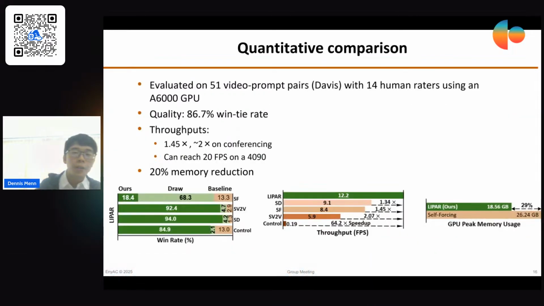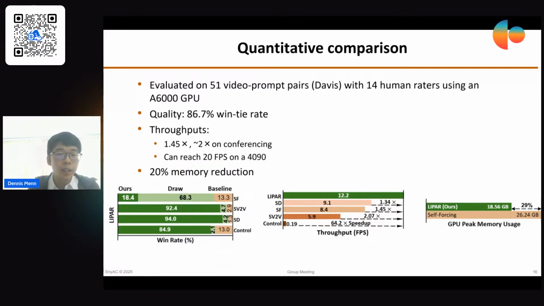And we further conducted a quantitative comparison. We evaluated our method on 51 video prompt pairs on David's dataset with 14 human raters. We generated all of the results using an A6000 GPU. Later, I did use a 4090, but for this experiment, I used the A6000. It's actually slower than the 4090 in terms of inference.